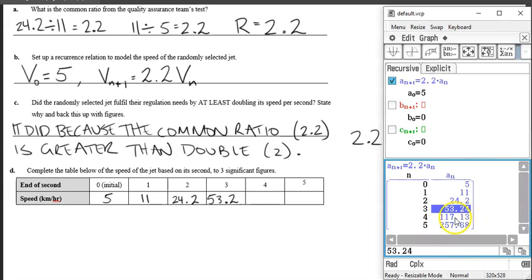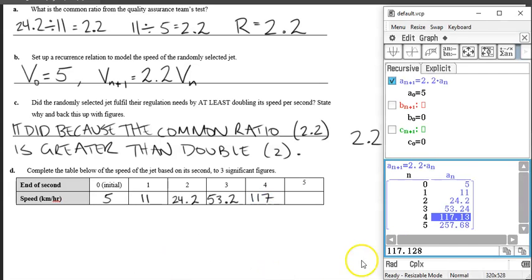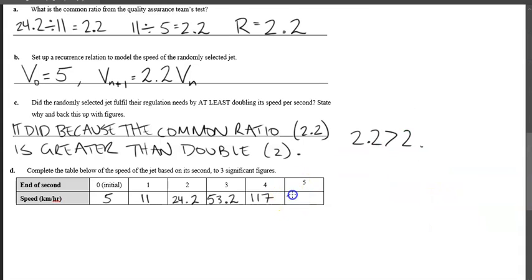The next one is going to be 117. And then the last one is going to be 258. This becomes an 8 because the next decimal digit is a 6, which is greater than 5, so it bumps the previous number up by 1. Now remember, it says 3 significant figures, not 3 decimal places.